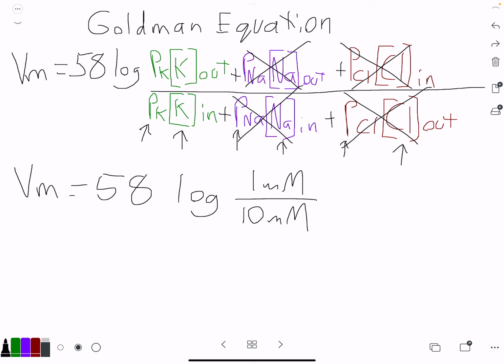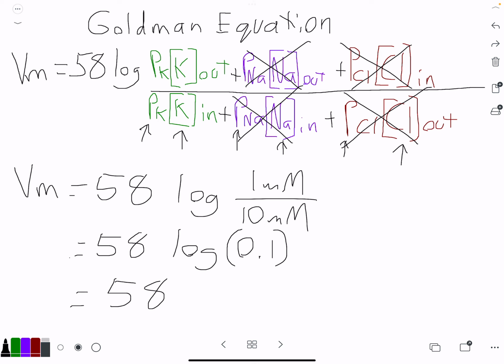So this is 1/10, or just to go through the motions and make sure it's crystal clear, this is the log of 0.1, or 1/10.